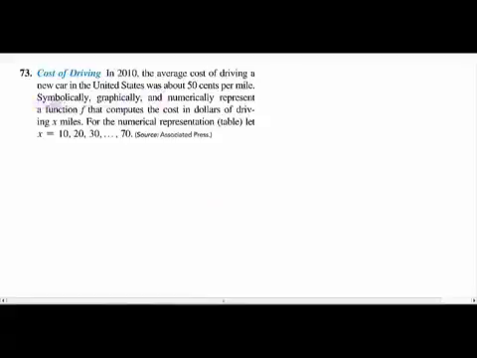So our first step is to find a symbolic representation of this function. They want us to use f as the name of the function, and x as our input. So f of x computes the cost in dollars. The cost of driving a new car is about 50 cents per mile.